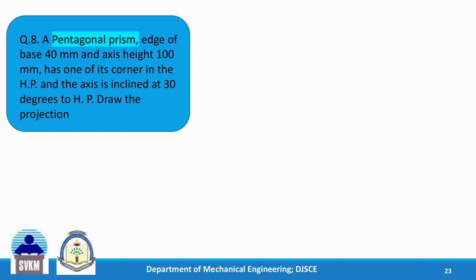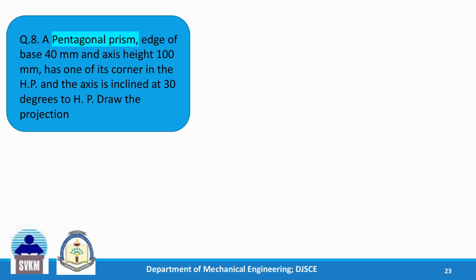For the first step, you have to underline these words, that it is having something, it can be a corner, edge or complete base, in the HP or in the VP. If it is in the VP, then in the first step you have to take that on the VP.